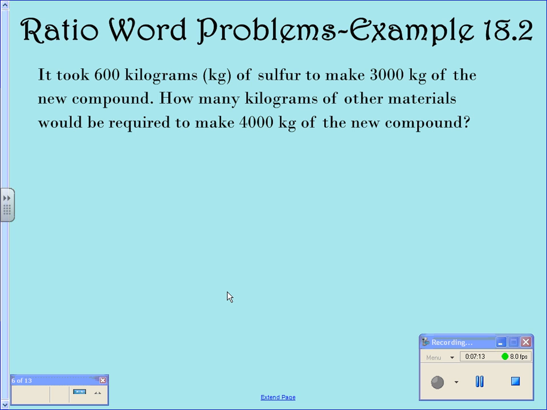What did it make? S over what? New compound? Which would be what? Does that make sense? Yes, you can, but it just says sulfur to new compound.